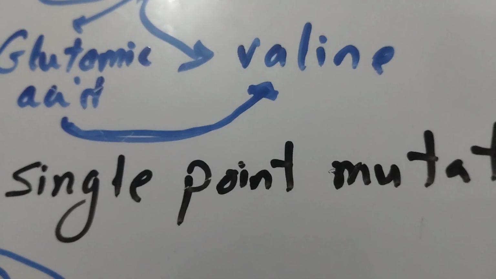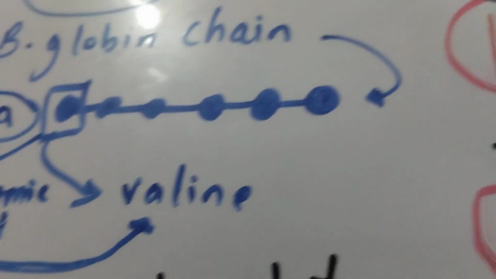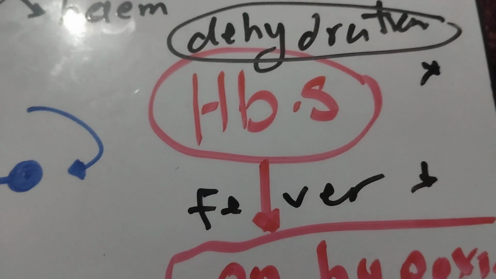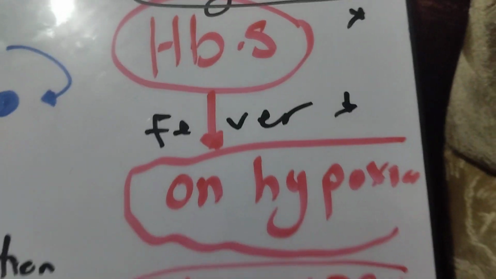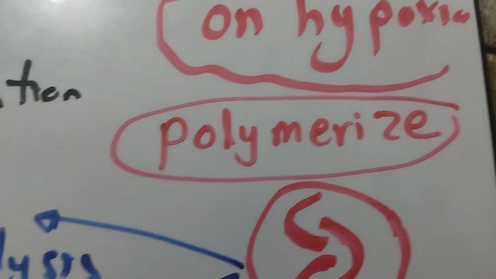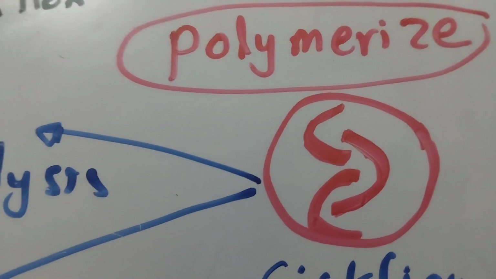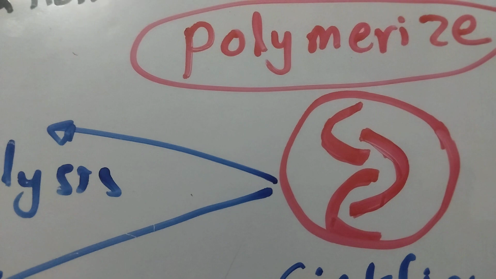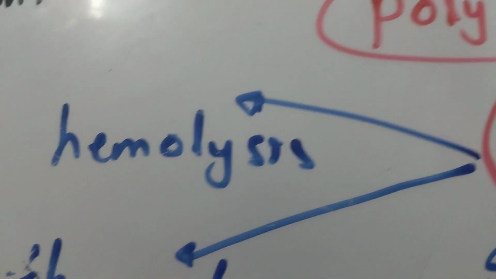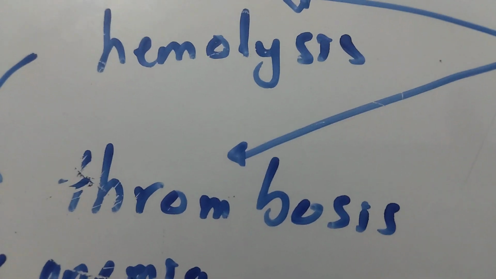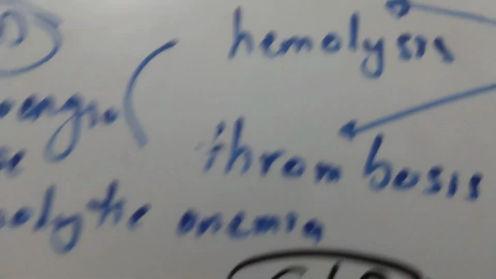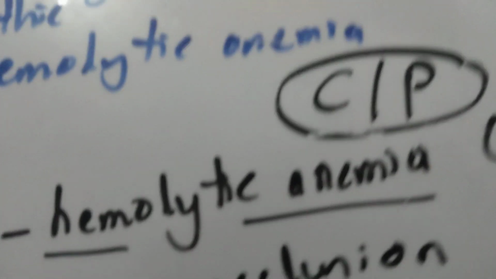This is a type of single point mutation, and this hemoglobin S, on exposure to stress in the form of dehydration, fever, hypoxia, polymerizes. This polymerization leads to its detection by the reticuloendothelial system as foreign material, leads to hemolysis, hemolytic anemia, and microthrombi within the microcirculation.